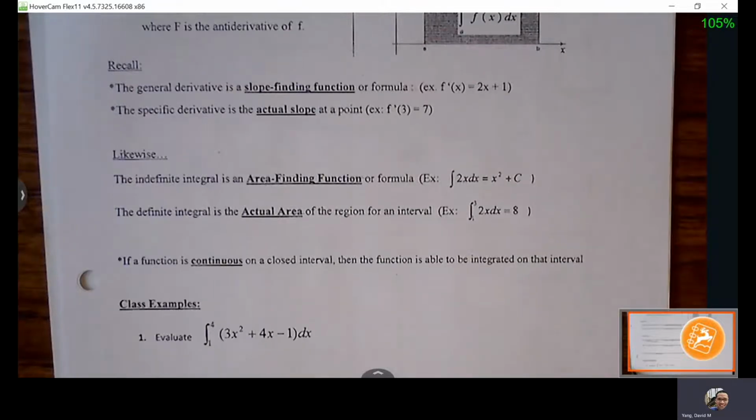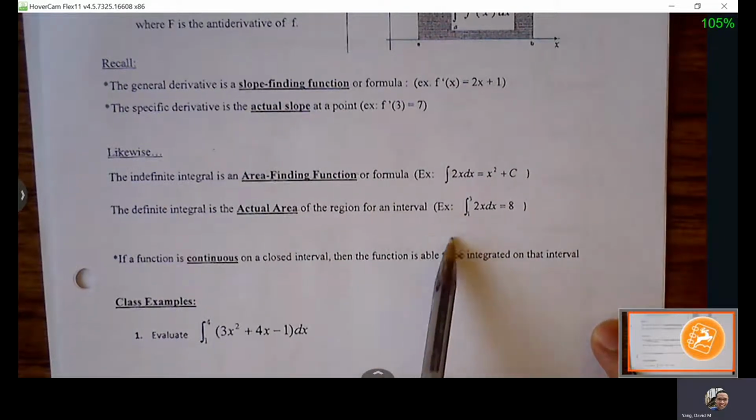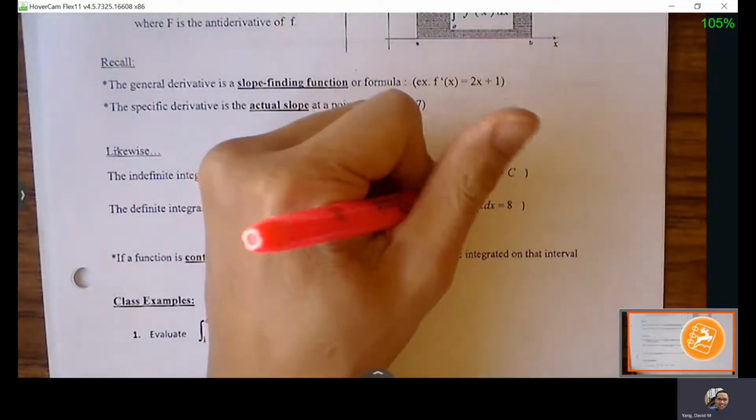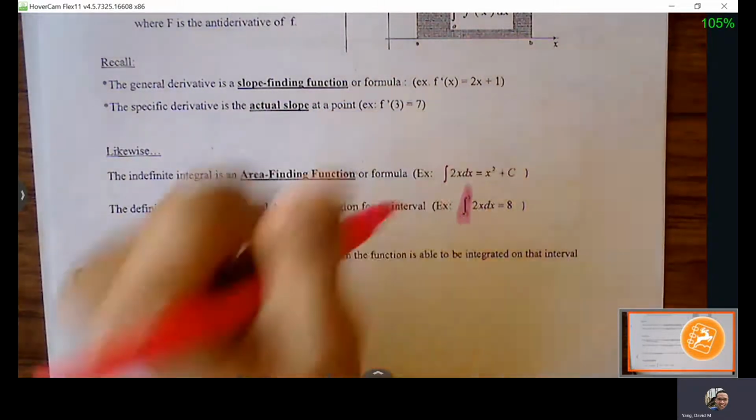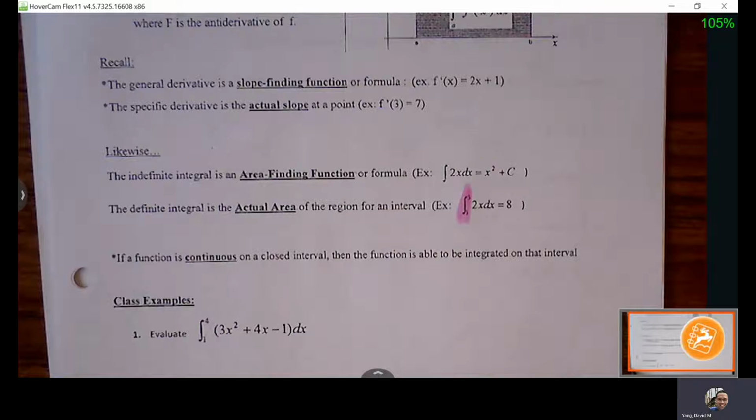But if I want to find the actual area where I have a physical region to find the area for, I have to involve bounds. Okay, so today we're going to be involving bounds and knowing how to use bounds to help us not only come across with a formula, but actually finding an area, or at least an area-related value.